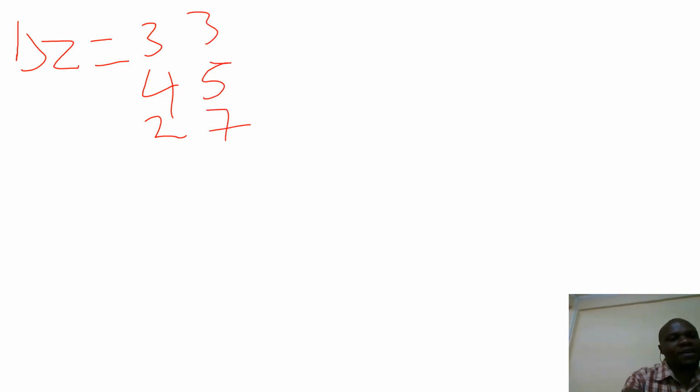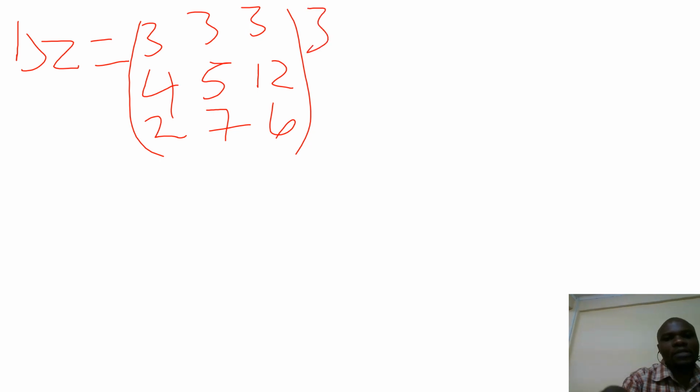So in this case, I'll have 3, the coefficient 4, 2, and then I have 3, 5, and 7, and then I have 3, and then I have 12, and then I have 6, and then this one I'm multiplying it with 3, then 3, then 4, and then 5, and then I'm also multiplying it with 2 and 7.